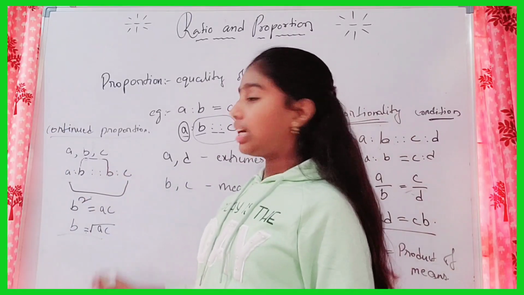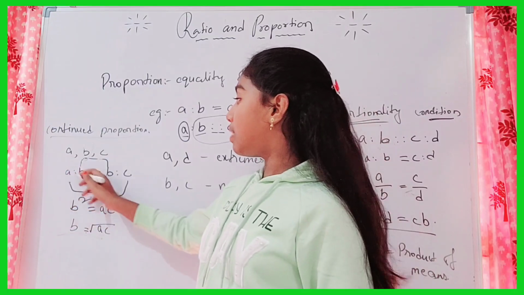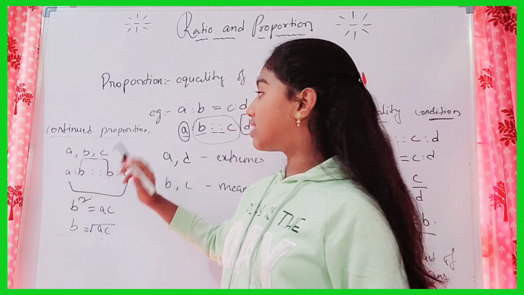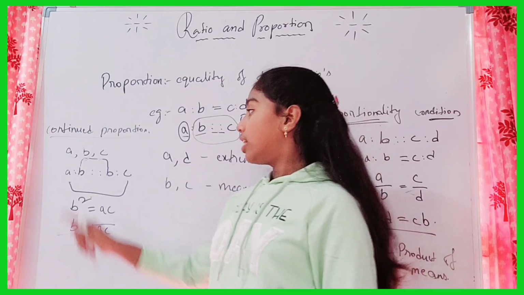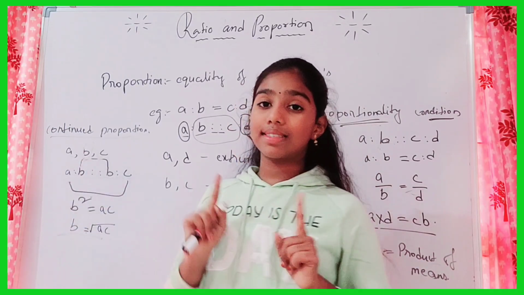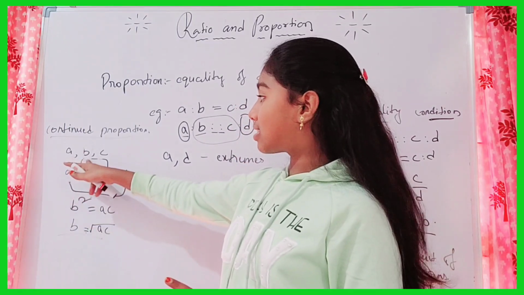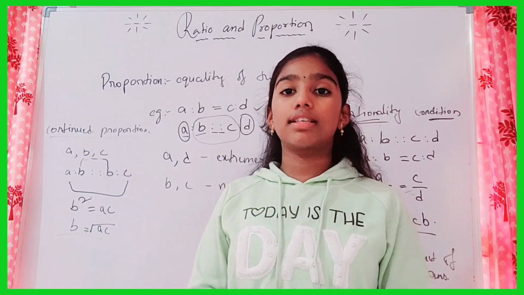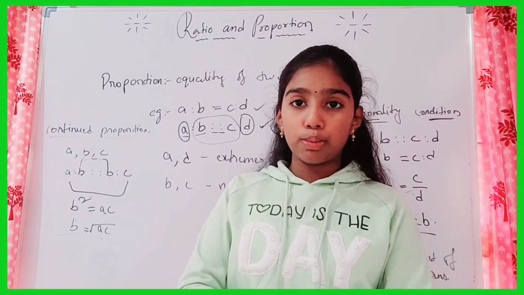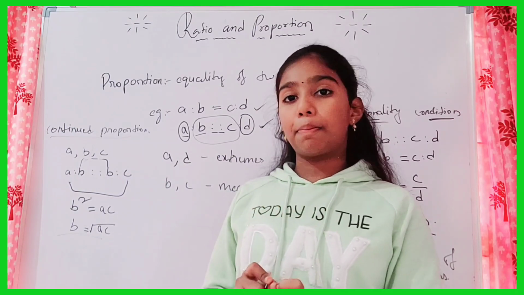So this is continued proportion. A, B, C are said to be in continued proportion.